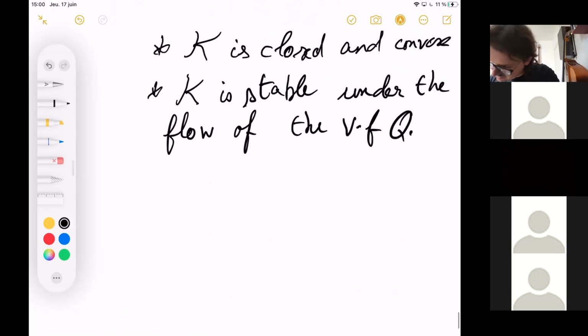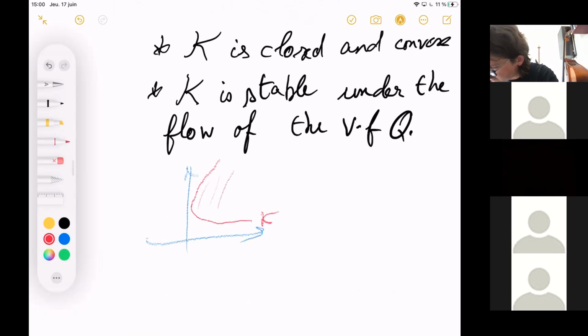So that means in that space of curvature tensors, you have your set K, which is convex, and you assume that if you start inside and follow Q of R, then you will stay inside.